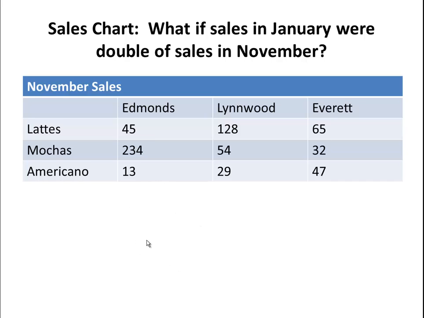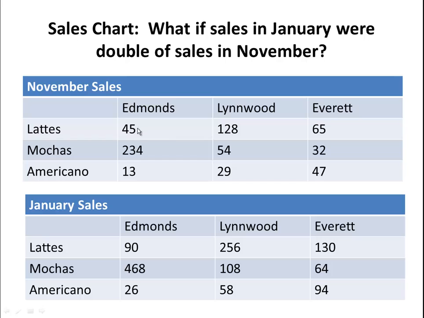What we would do, hopefully you all realize, is take each of the numbers in my chart here and multiply each of those numbers by 2 and put the result in the appropriate spot. I'm not changing any of the spots around, no movement here, just taking each of the numbers and multiplying by 2. So what was Americano in Linwood, what used to be 29, becomes 58 in January.